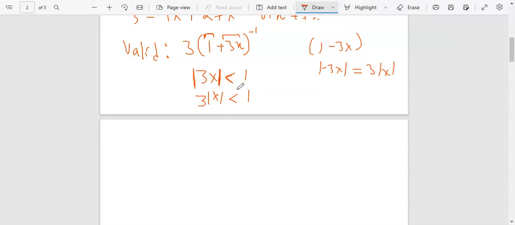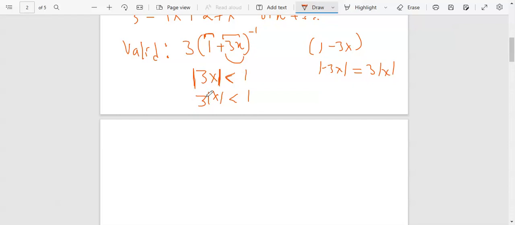So you always get the absolute value of this term. It should always be less than 1, like always smaller than 1, right? The absolute value should always be smaller than 1.